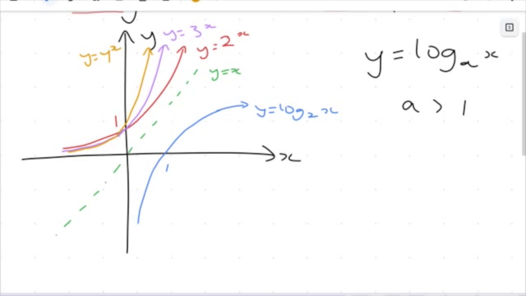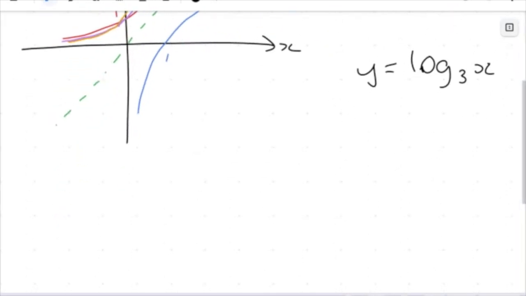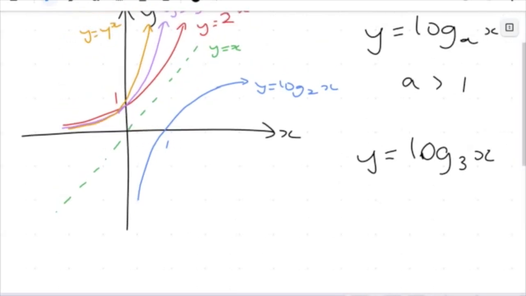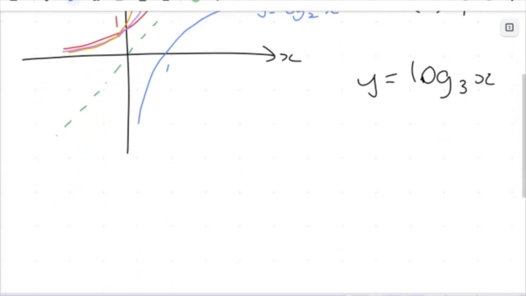All right, so let's consider this graph of y equals log to the base 3 of x. Now, in order to draw this, we don't really know what this transformation, changing from 2, as we had over here, to 3, is really going to do. Some of you may guess this, but let's just assume that we don't really know. So we're going to draw up a table of values again.